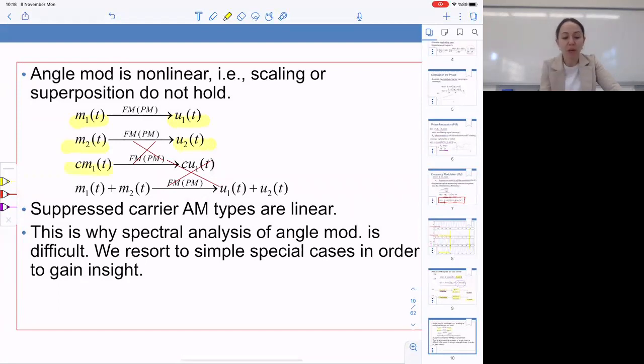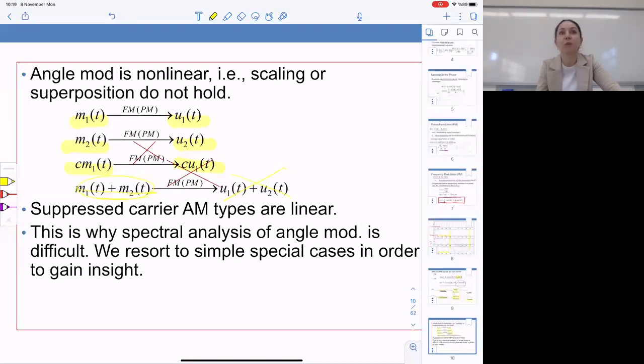If we scale m1 and put it into the phase or frequency modulator, do we get a scaled version of u1? We don't. You can easily convince yourself by using the expression. Similarly, if we add m1 and m2, do we get u1 plus u2? We don't. So homogeneity and additivity do not hold. It is not a linear operation.